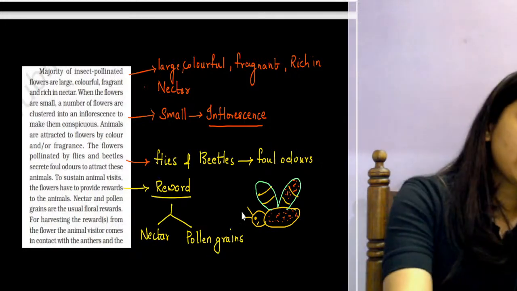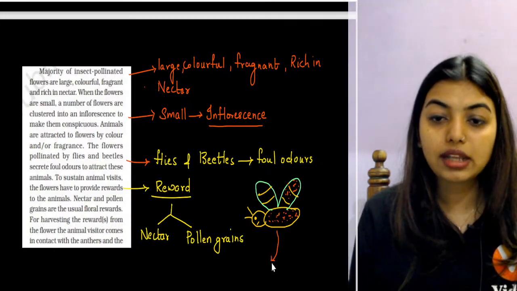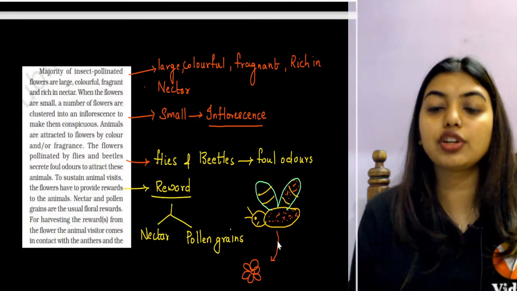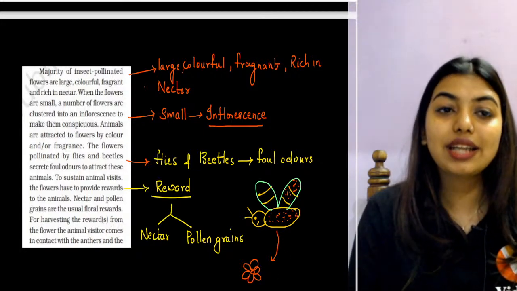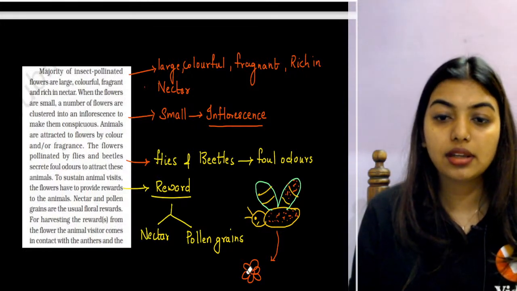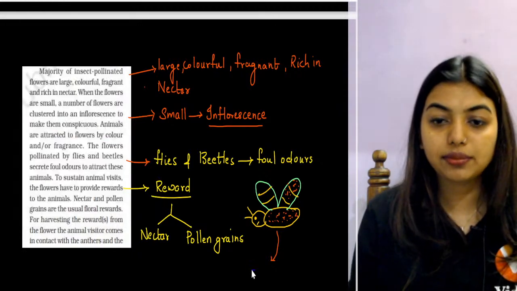Now since the pollen grains are going to stick, this one will go to another plant, right? Is it going to take nectar from only one flower? No, it is going to go to another one. It will dust these pollen grains onto the next flower. Okay, let's say this is another flower.